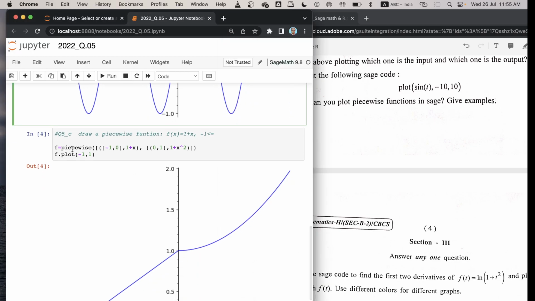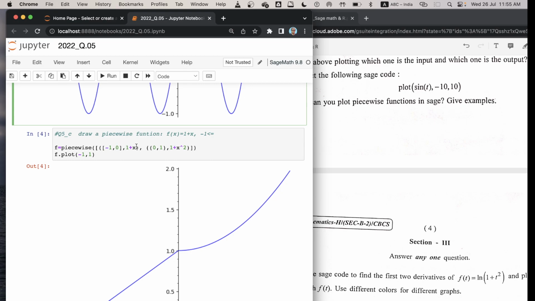Here, a piecewise function is f equal to piecewise, with first parenthesis, first bracket, and within the first bracket write the first piece. First write the interval for the first piece, this is minus 1 to 0.